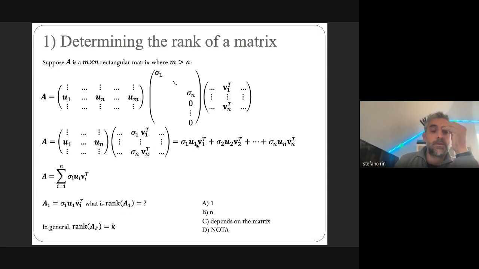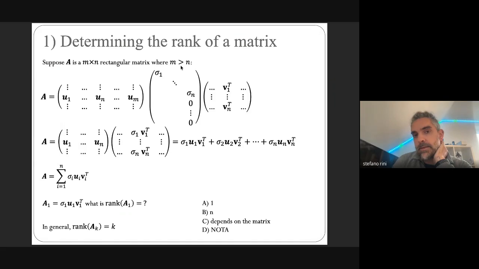Okay, so you see that this is a column vector and this is a row vector, right? So this is an outer product. So this object is an M times N matrix. This is not an inner product, this is an outer product, okay? So here you're representing the matrix as the sum of scaled outer products, right?